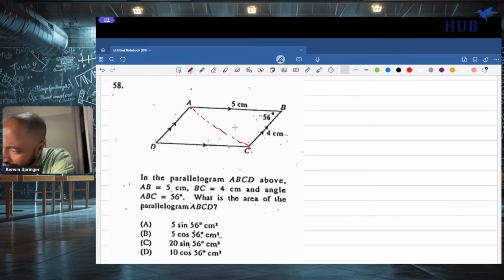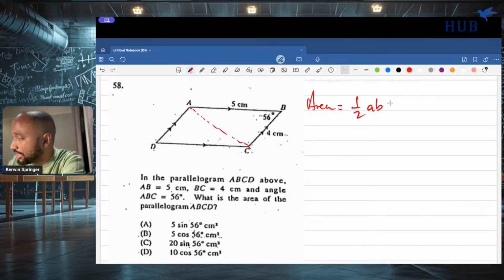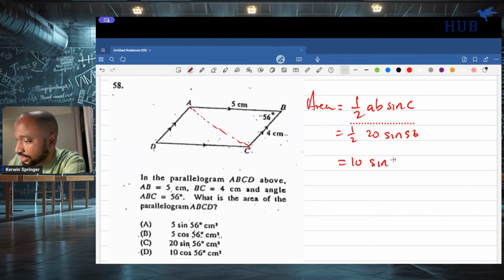This is a triangle, and the area of a triangle is a half AB sine C. So this is half of 5 by 4, which is 20, sine 56. Half of that is 10 sine 56.